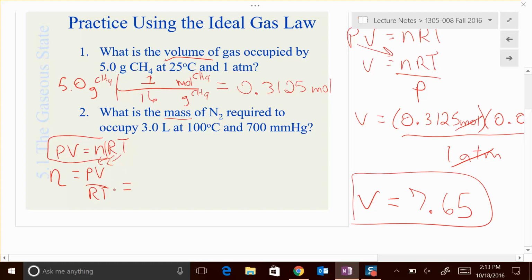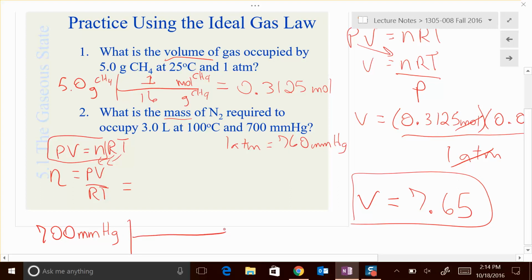So, my pressure, what do I use? Okay, they gave me pressure in the question. It's the wrong units. So I need to convert it. 700 millimeters of mercury needs to be converted, and 1 atmosphere equals 760 millimeters of mercury.